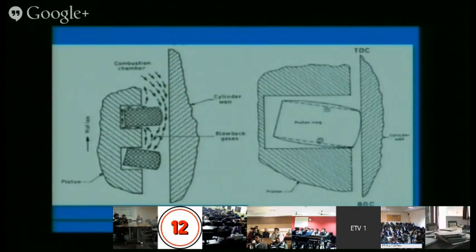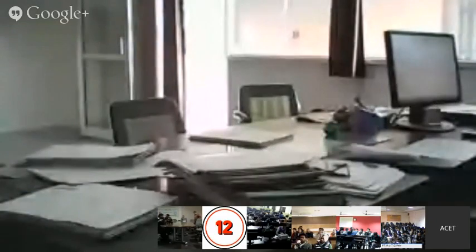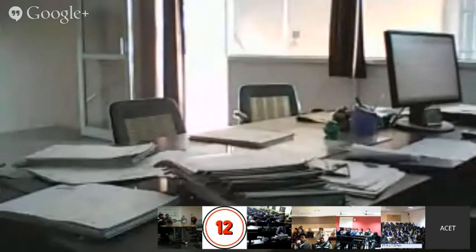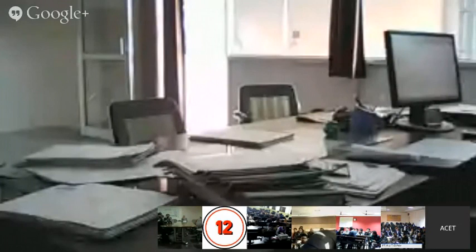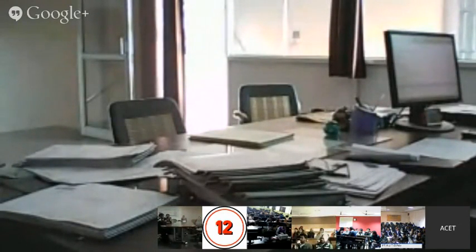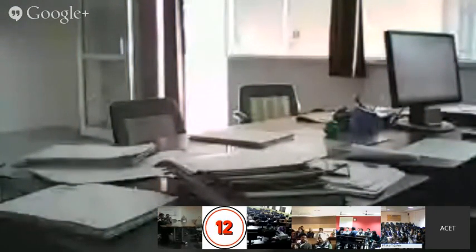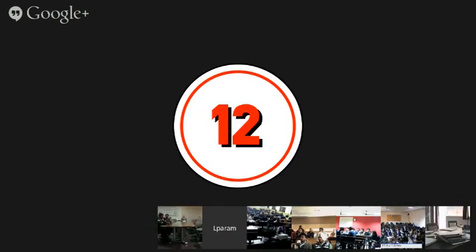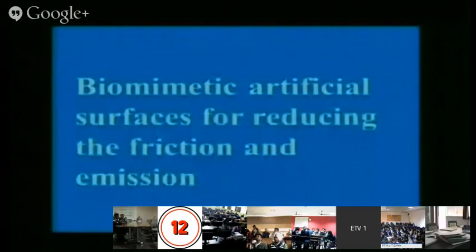So both profiles, the surface of the profile, are very vital in the functioning of the engine.